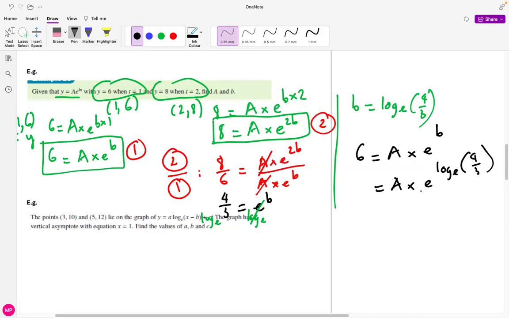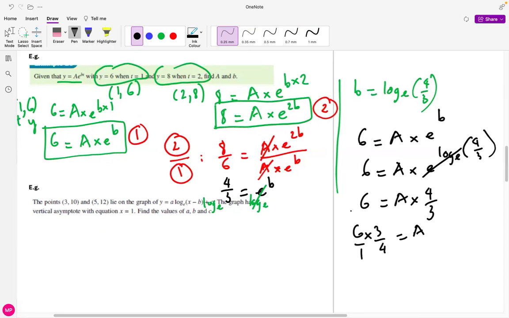A to the power of log a, we can cancel them now, which leaves 6 equal a times 4 over 3. And the opposite of times by 4 over 3 is times by 3 over 4 on the other side. So you will have 6 times 3 over 4 equal a. 6 is 6 over 1. 6 times 3, 18 divided by 4. You will have 9 over 2 equal a.